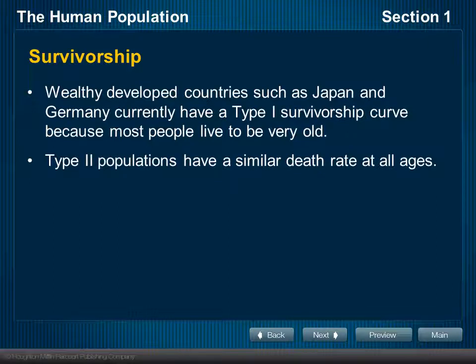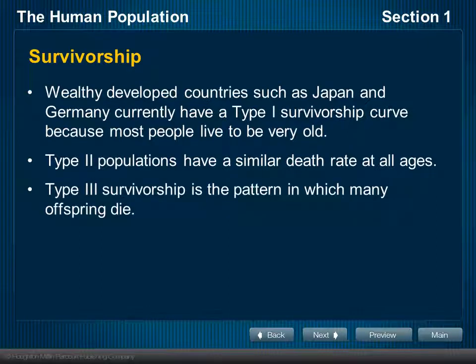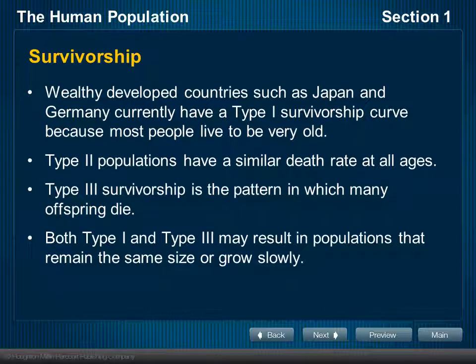That gives you that straight diagonal line. And then type 3 is a pattern where you have a lot of offspring die early. Okay, so it starts at 100 and drops off almost immediately and then stays very low.